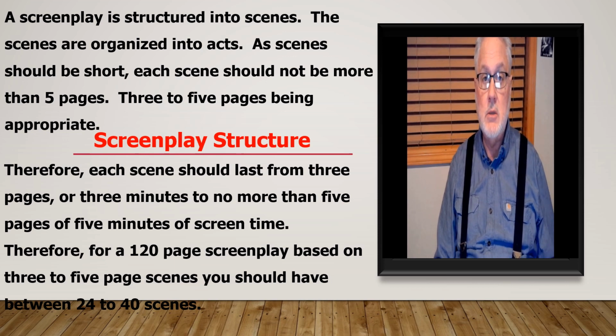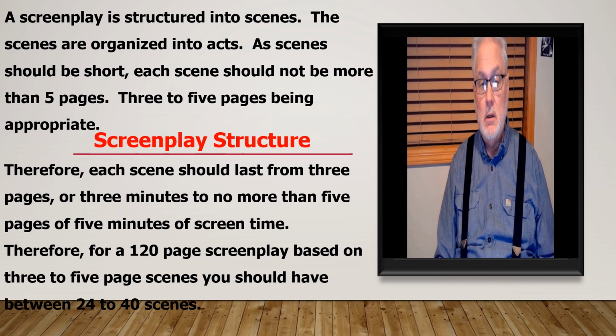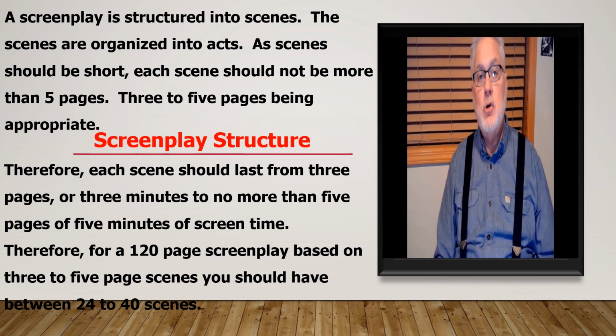Now, what does this ultimately mean to you as a writer? It means that you can control what you are writing to. Because if you can control what you're writing to, you don't have this immense screenplay to write.